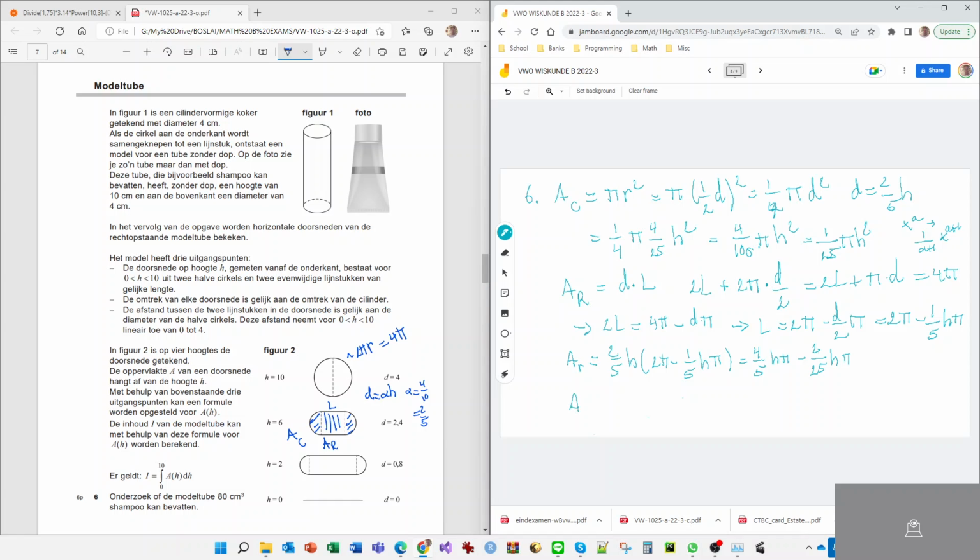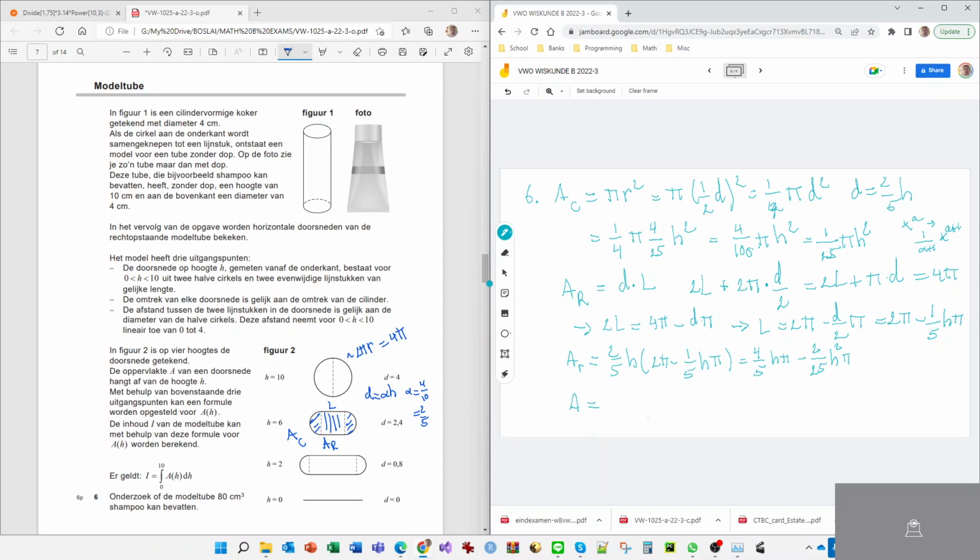So the total area is these two combined. H squared, h times h.